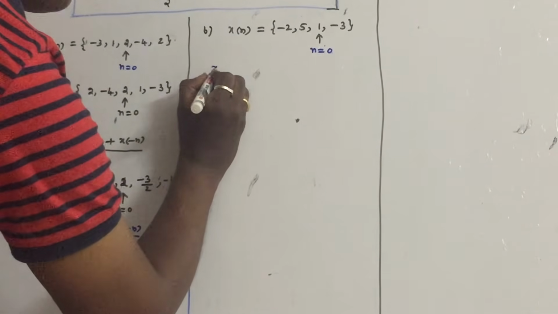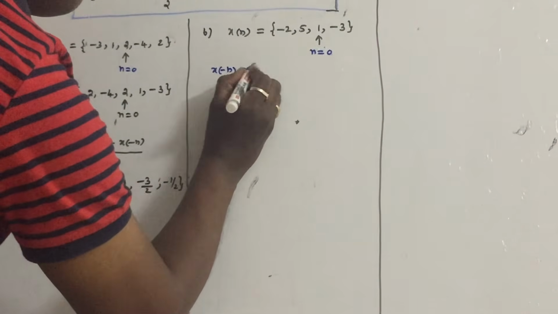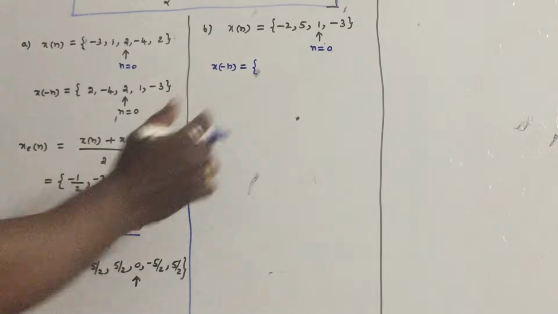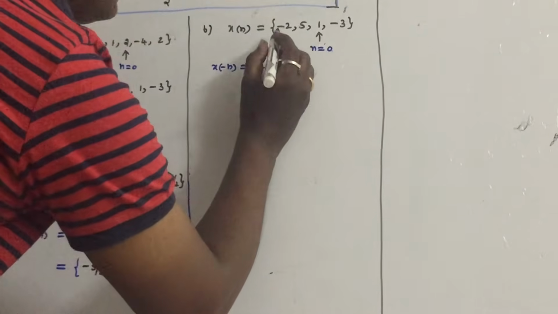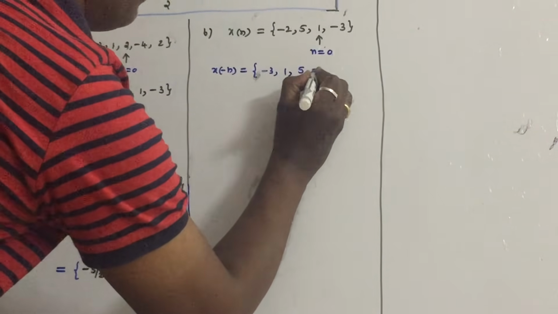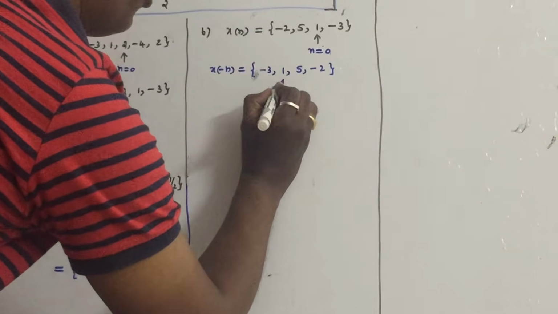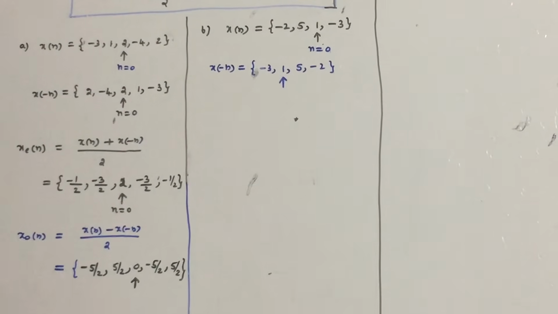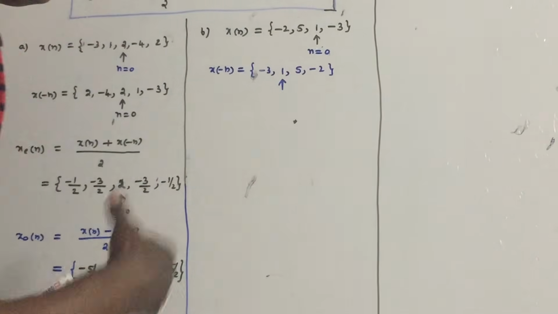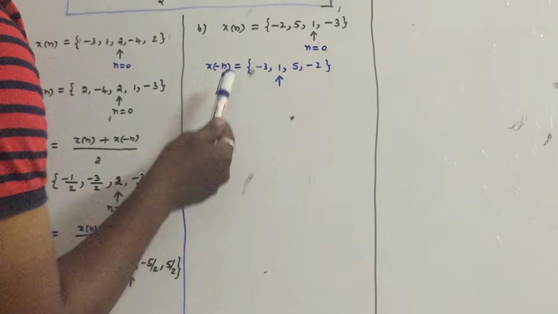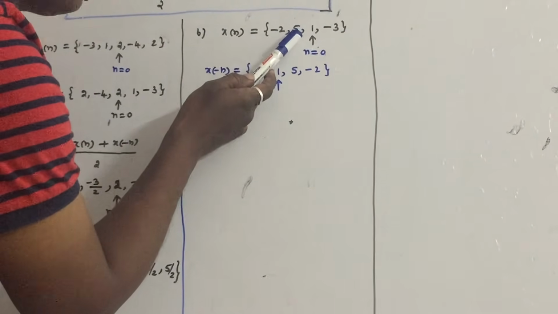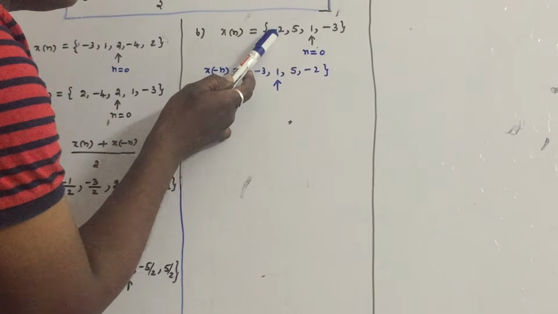First let us find the time reversal of x of n. That means right side samples go to the left side and left side samples go to the right side. So keep the arrow here. As I said earlier, we have to add corresponding samples only. Here the n is equal to minus 1 sample is there, n is equal to minus 2 sample is there.